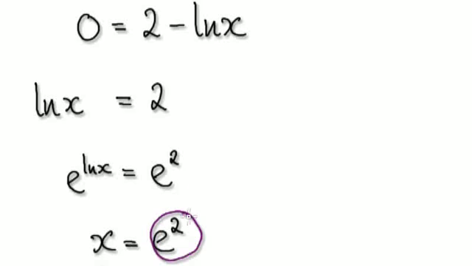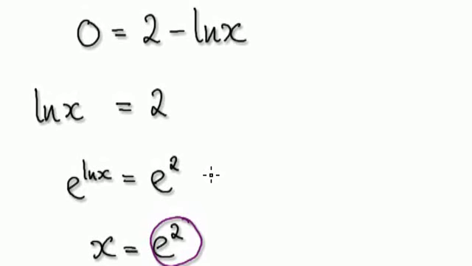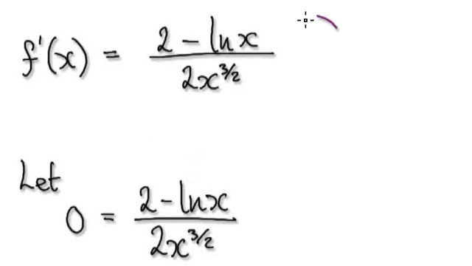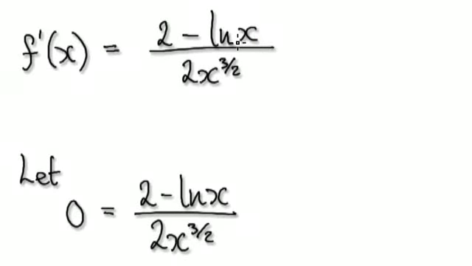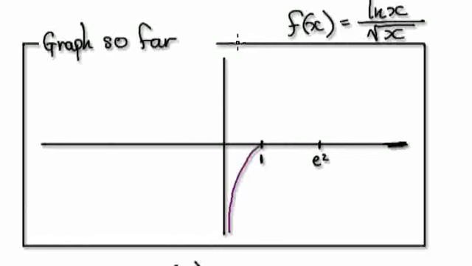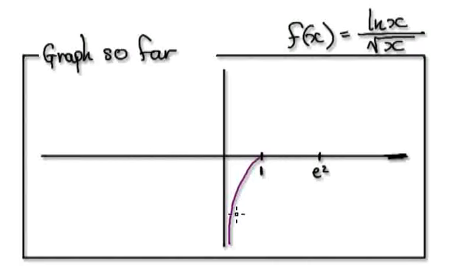So when you put e squared into this thing here, then the gradient will be 0. And there's only one place where the gradient is 0. So that means that we can only follow version 1, which was up here, and then up here.